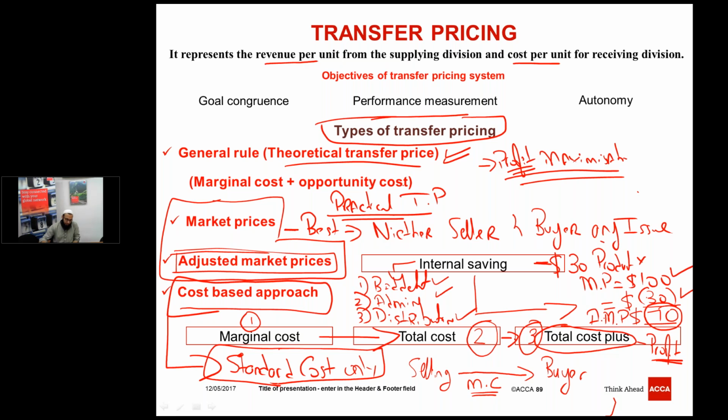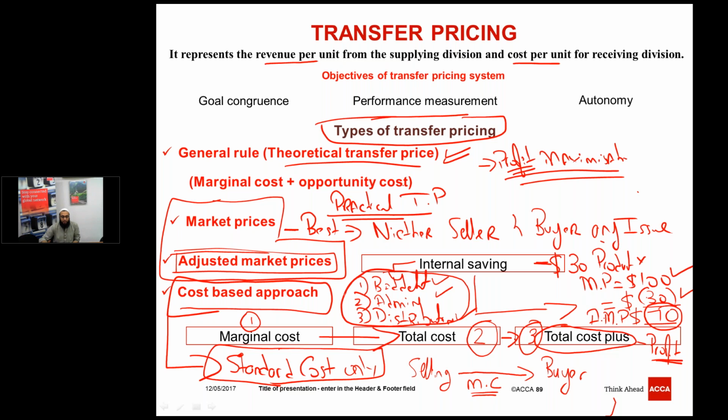Done? Arun, I've already discussed adjusted market price 2 times, I'm again discussing. Adjusted market price is a simple thing: when the company is transferring goods within the division, it may get internal savings in the form of bad debts and administration savings.